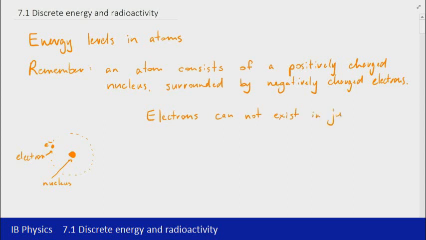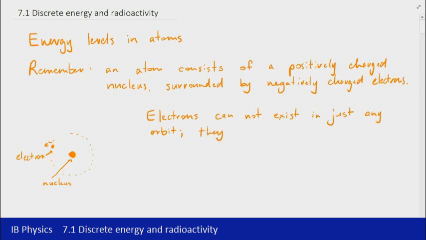So when we draw diagrams, we represent them, as you can see on the left here, with this dashed line, and that's because we consider the electrons to be orbiting. Now that model has some flaws in it, but we'll go with it because it generally covers what we need to cover and makes sense of the key properties.